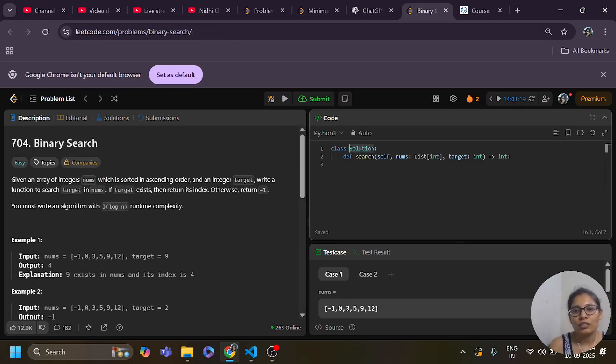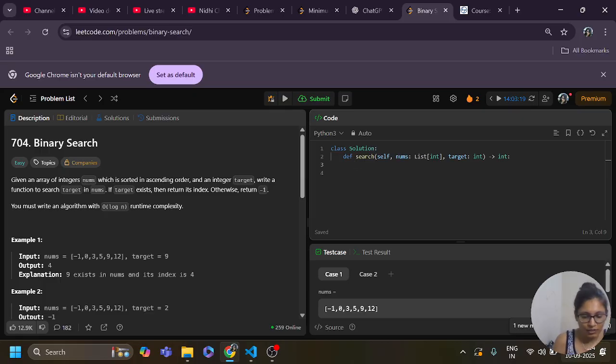So here this is the class and this is the function. Here you can see self, numbers and target. These are the input parameters of the search function.